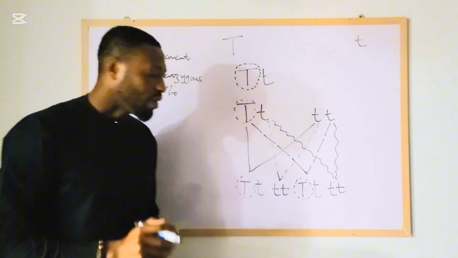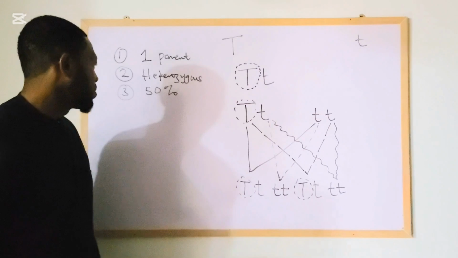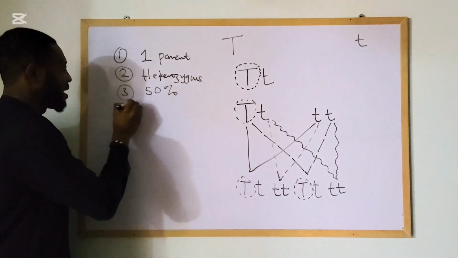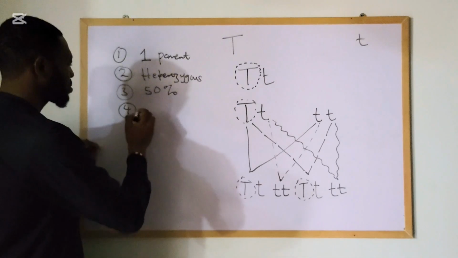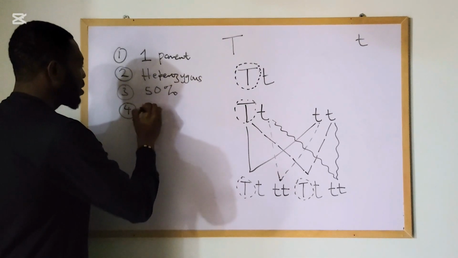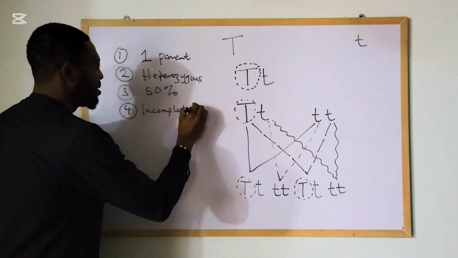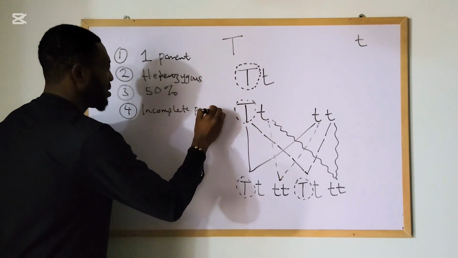Okay? Now, other characteristics of autosomal disorders is that they have what we call incomplete penetrance. Okay?